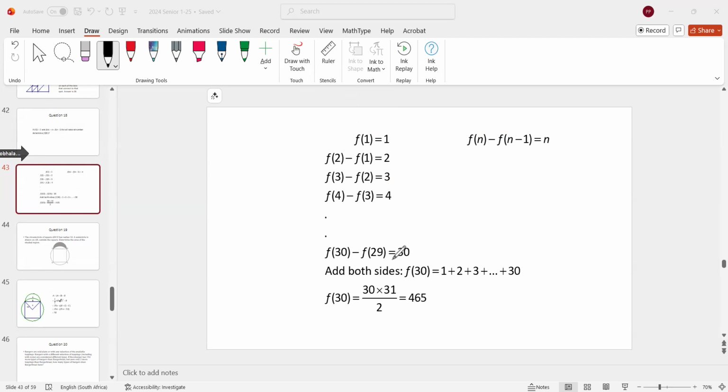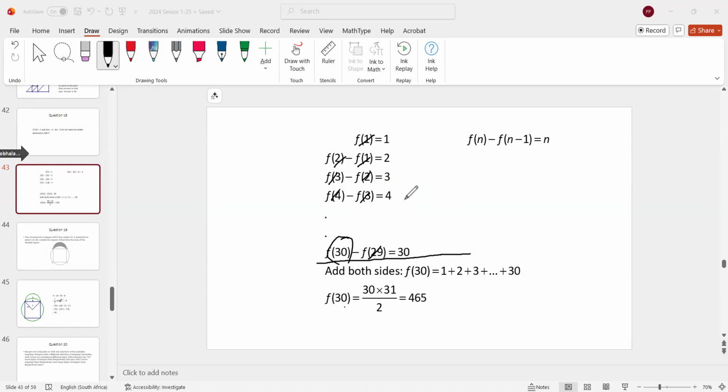So when I add all these numbers here, f of 1 cancels off with f of 1. F of 2, f of 3, f of 4, and f of 29 will evidently cancel off. So on the left-hand side, there's only one survivor. That is f of 30.